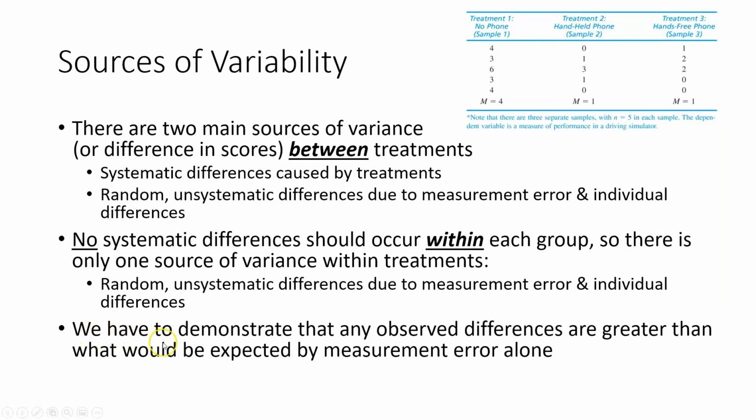Okay, we have to demonstrate that any observed differences that we see in the groups are greater than what would be expected by measurement error alone. So, any differences that we see between 4 and 1 and 1, the difference of 3 points here and of 3 points here and of 0 points here, we have to demonstrate that those differences are greater than what we would expect just because of random differences across individuals within each group.